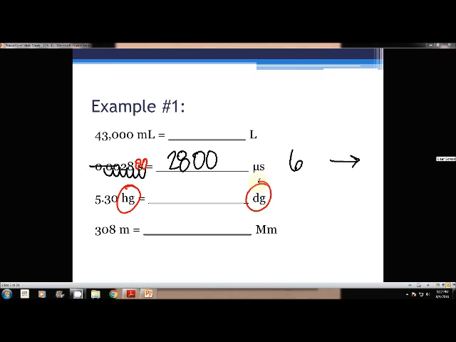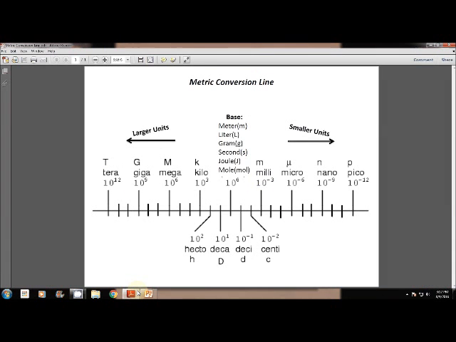Let's look at the metric conversion line. All right, so we're going from Hg to lowercase dg. Okay, so my starting point, H. G's, what do they stand for? G's are both grams. So H is hecto. Whenever I think of that, I think of Hector Zeroni from Holes. So that's our start point.